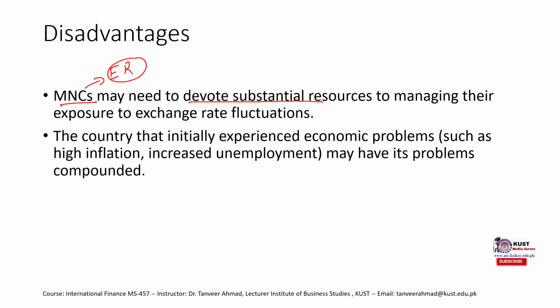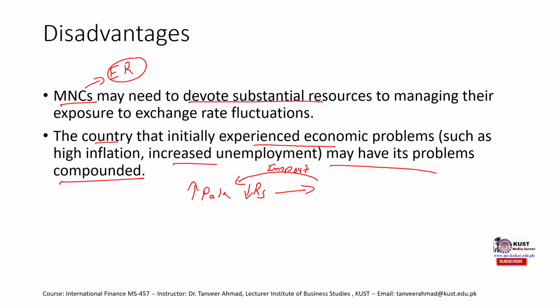And then the country that initially experienced economic problems such as high inflation, increased unemployment, may have its problem compounded. And what this means is that, continuing our previous example, if inflation in Pakistan increases, then if there is free float, its currency would depreciate, and when that would happen, the imports of raw material that they are going to make from US would also become expensive.